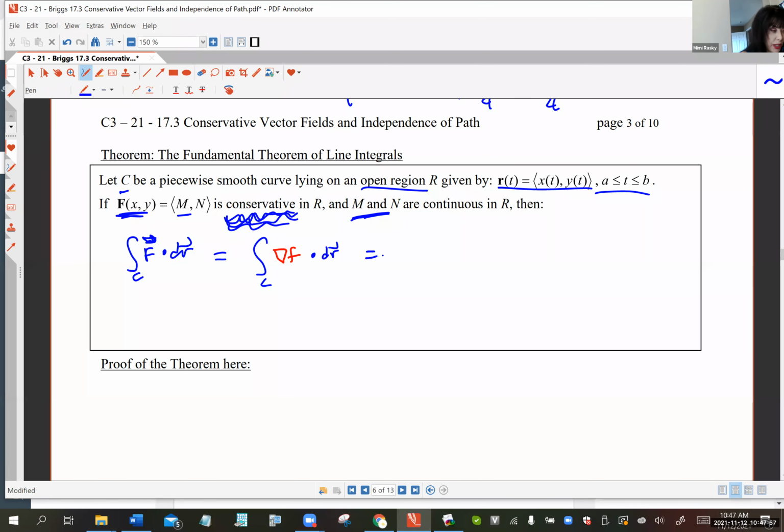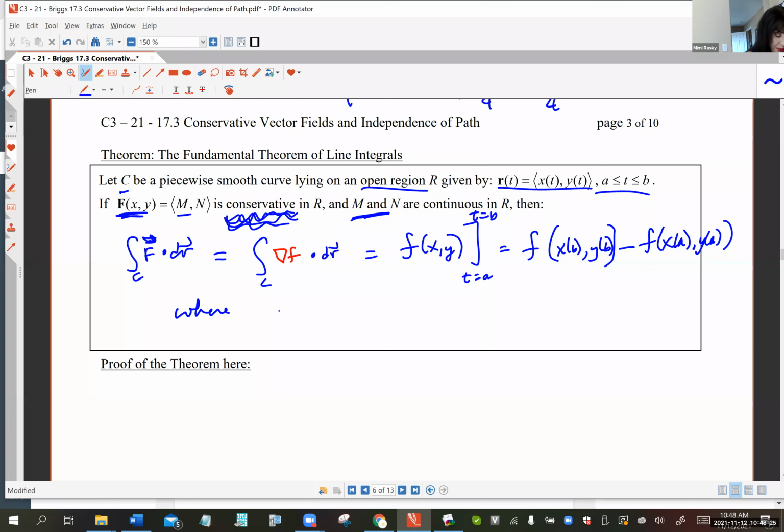And that is just going to be the mama function evaluated between a starting point, we'll say t equals a seconds, to t equals b seconds. So that's going to have this look to it: f evaluated at x of b, y of b, minus f evaluated at x of a, y of a, okay?